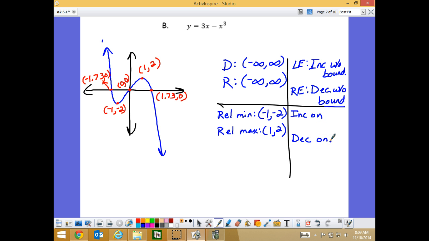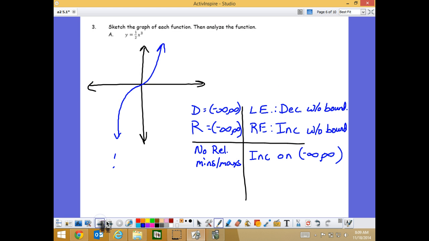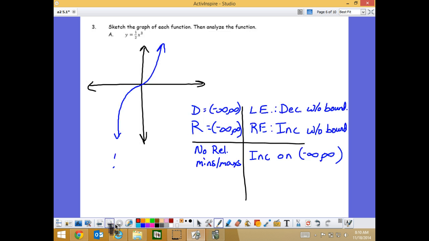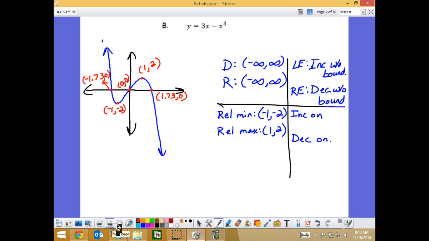Okay. Now, with increasing and decreasing, we always work with our intervals from left to right, and we look at the x coordinates. I will make a note back here. When increasing and decreasing, always deal with the x coordinates, and we always go from left to right.